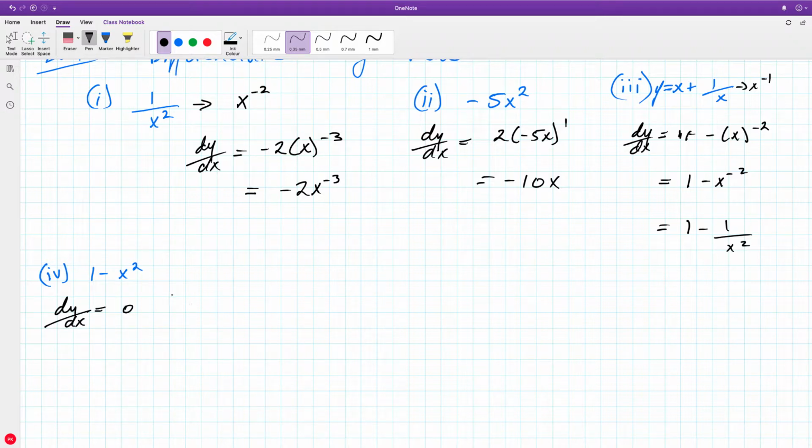Differentiate 1, you get 0. Differentiate minus x squared, bring down the power, minus 2 times x, reduce power by 1, which is simply minus 2x. Right, have a go at this one.